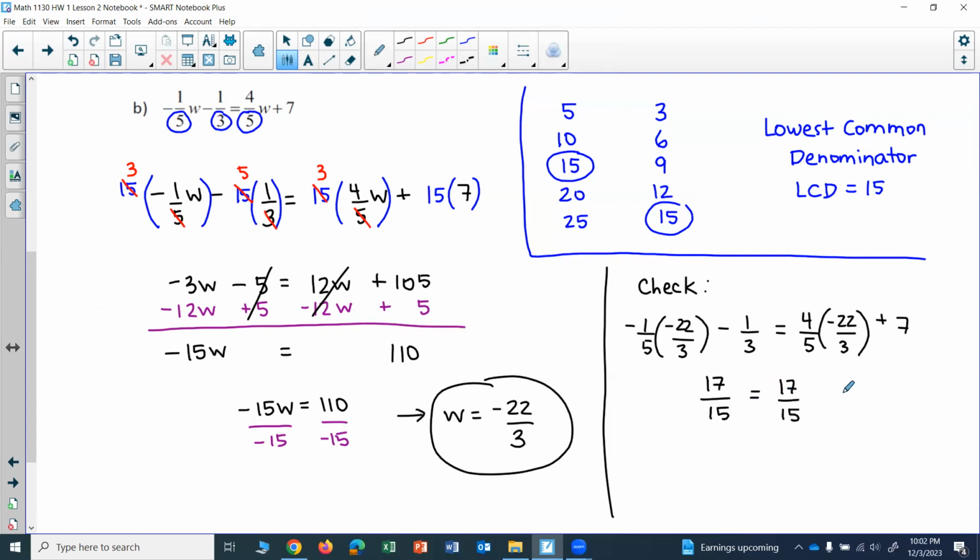So the left-hand side of the equation equals the right-hand side of the equation when I plug in my answer of -22/3 for w. So checking told me that I got the correct answer.